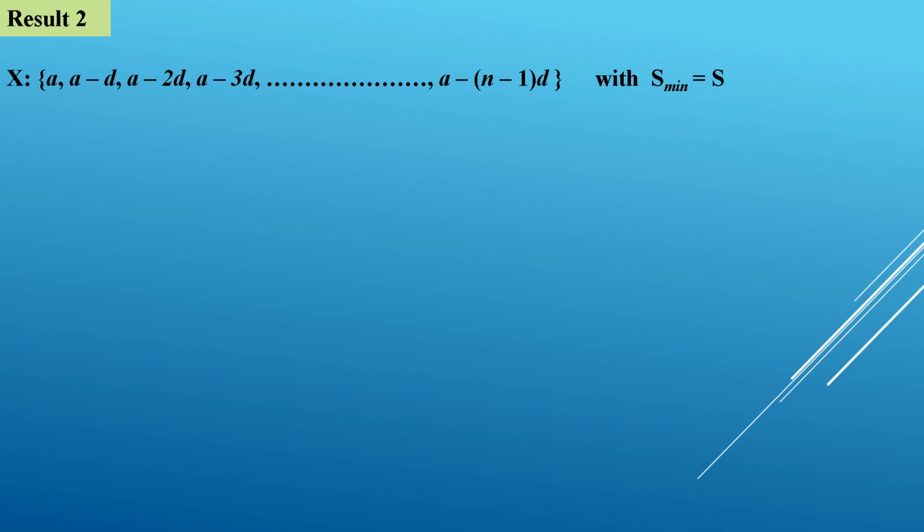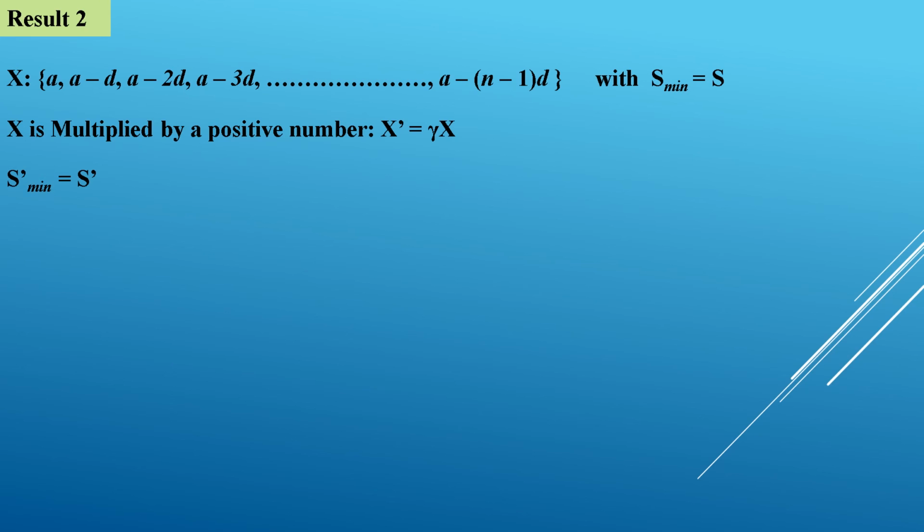The second result is multiplication. Again, if x is assumed to be an arithmetic series in this shape, and the minimum sum is equal to s, then if this is multiplied by a positive number, the new transformed x would be x dash, which is equal to gamma times x.